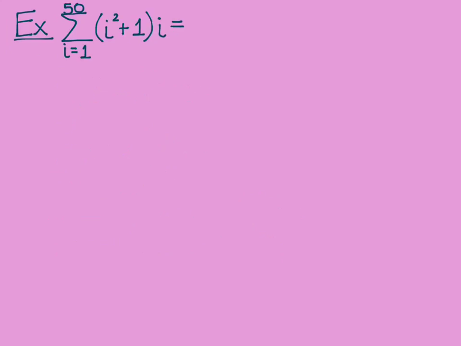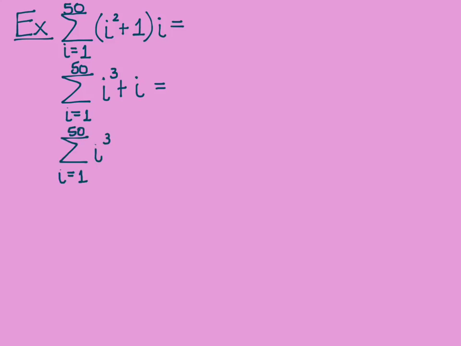Let's try another problem. So here I'm going to try to find the sum as i goes from 1 to 50 of the quantity i squared plus 1 times i. Unfortunately, we don't have a product law that tells us how to deal with products of sums. So instead what I'm going to do is distribute the i through the parentheses. So I end up with the sum as i goes from 1 to 50 of i cubed plus i.